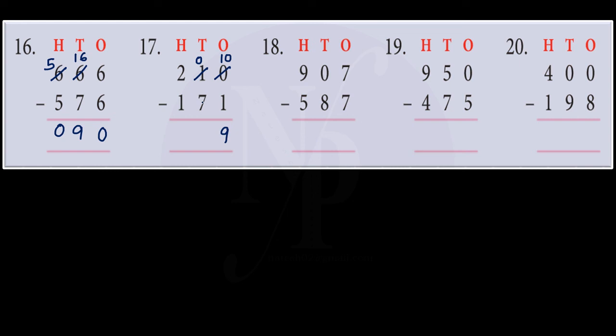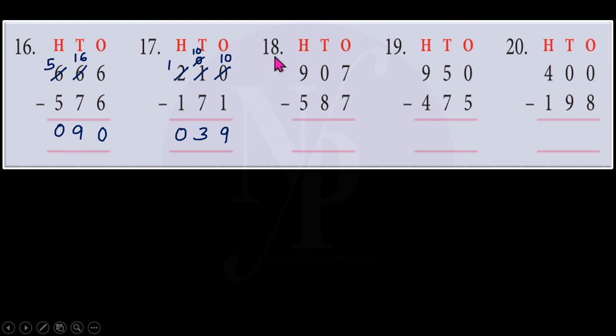Here to subtract 7 from 0 is not possible. So you need to regroup. You make this 100 into 10 tens. Subtracting 7 tens from 10 tens, we get 3 tens. Subtracting 100 from 100, we get 0. So 39 is the difference of 210 and 171.